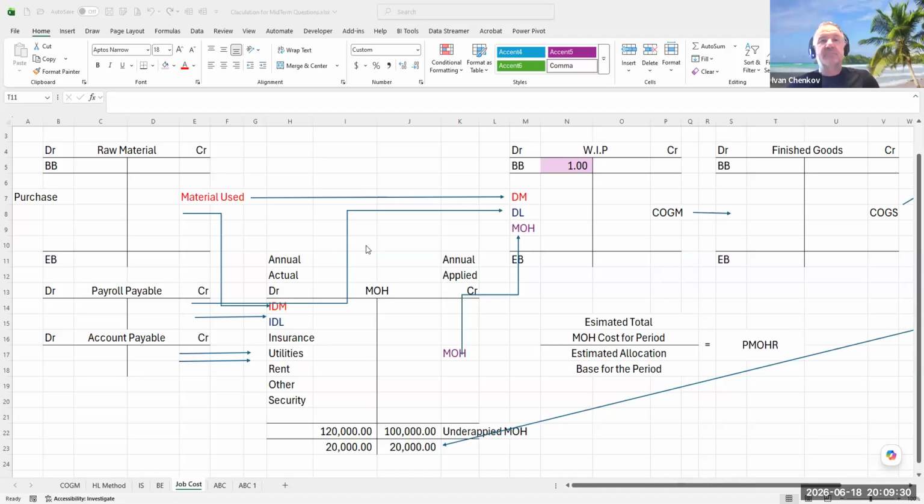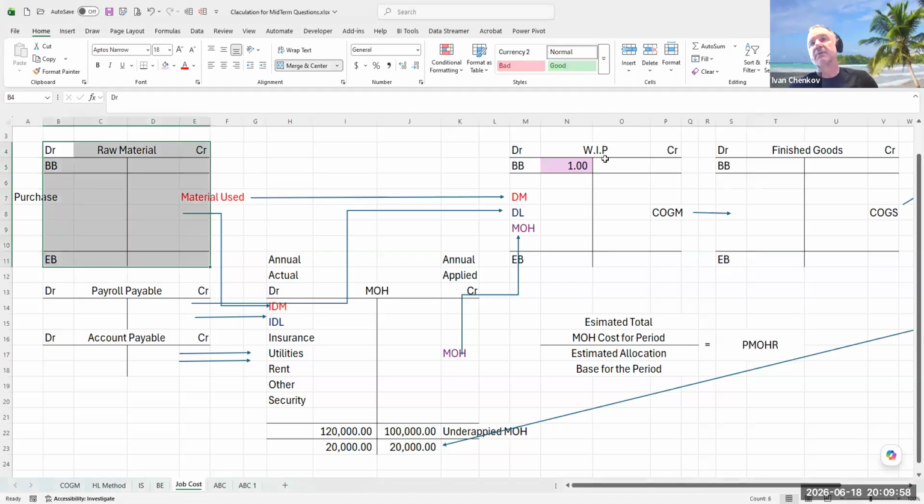Next question is going to simply give you information in T account form. On the T accounts, what you're going to see is different information. For example, you're going to have the raw material account.